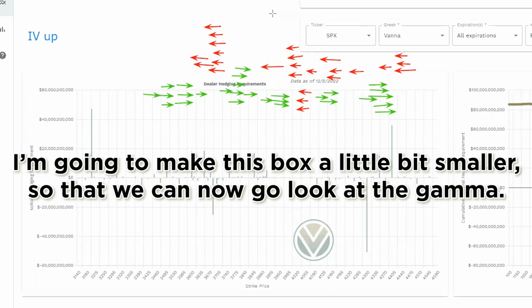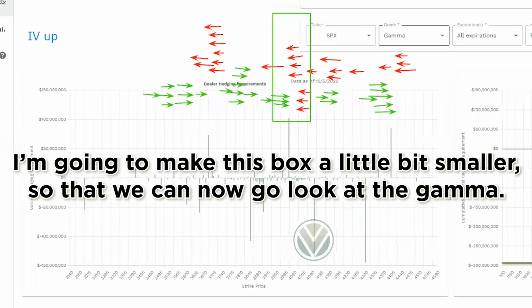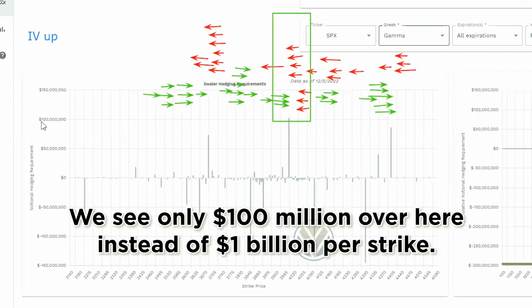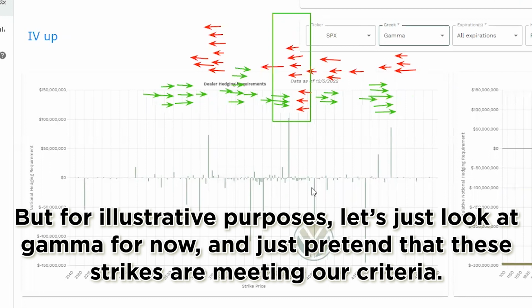I'm going to make this box a little bit smaller so that we can now go look at the Gamma. Gamma right now is not a driver. We see only 100 million over here instead of 1 billion per strike. But for illustrative purposes, let's just look at Gamma for now and just pretend that these strikes are meeting our criteria.